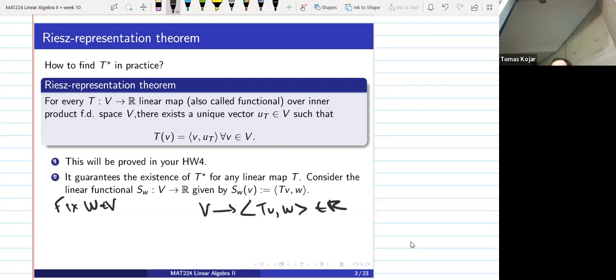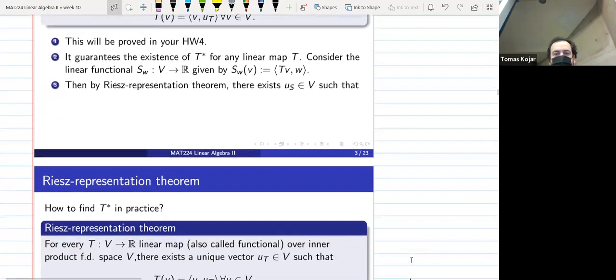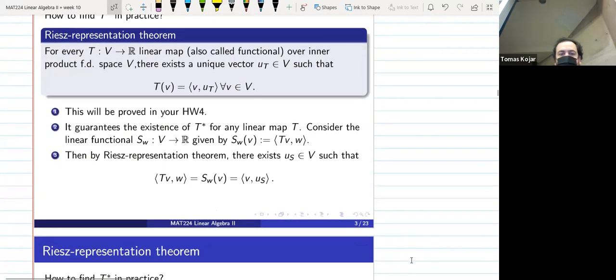So it goes from V to the reals, and this representation applies. So there exists a U_W so that you can write this map by Riesz representation as the inner product of V and U_W. This is the definition.